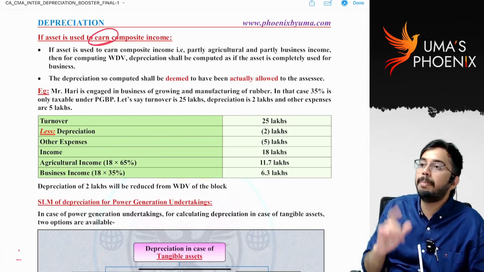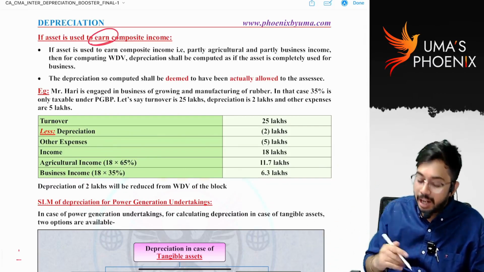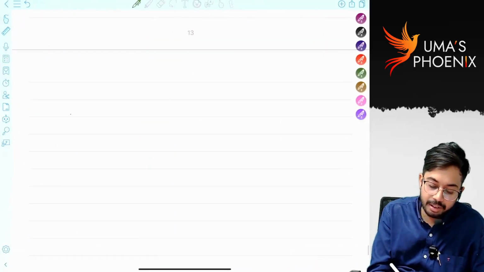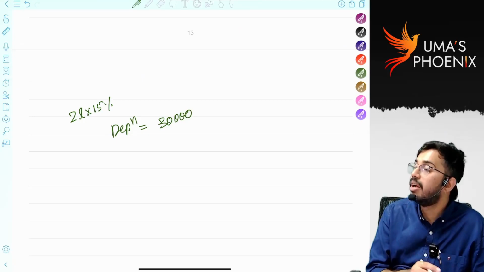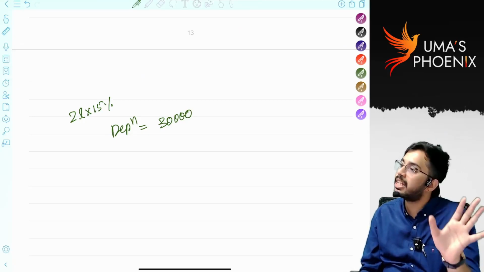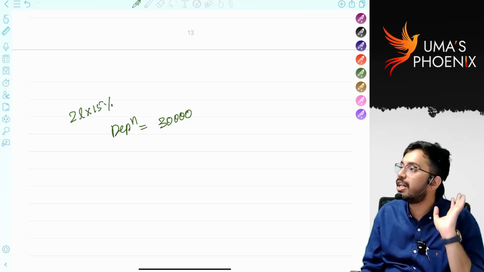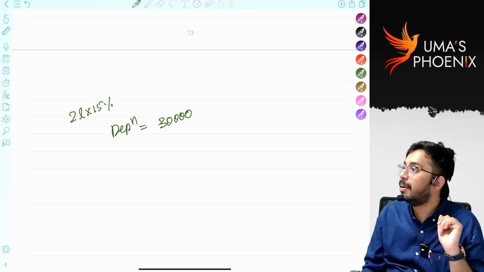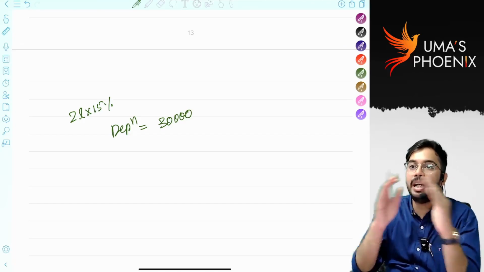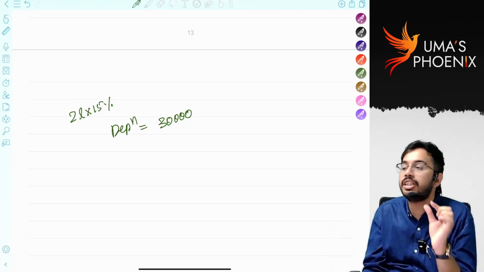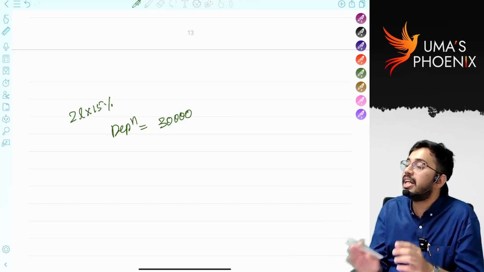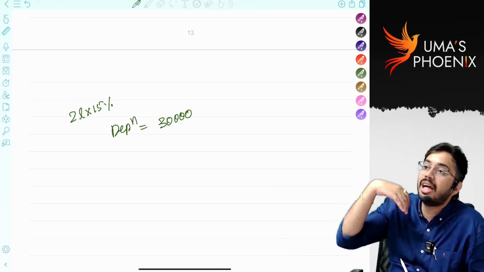Now for example, bike cost is 2 lakh rupees, rate of depreciation is for example 15%. How much is depreciation? Depreciation is 30,000, right? Total 30,000 is allowed as expenditure. Total 30,000 is reduced from written down value of the block. The reason is the split, that bifurcation is not done at revenue level, bifurcation is done at income level. That means income means what? After allowing all the expenses.